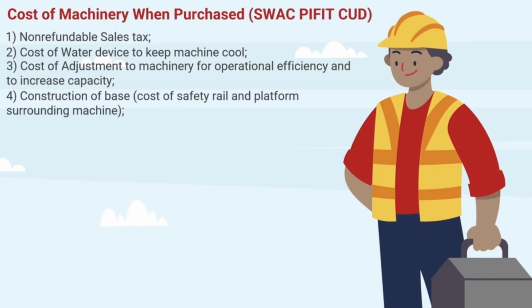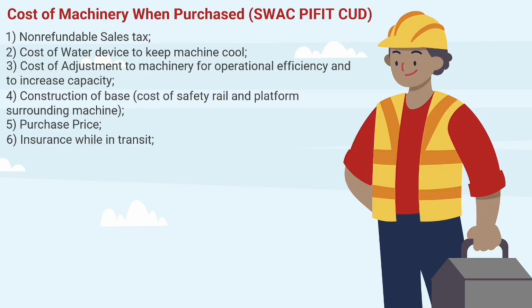Then fourth, C, construction of base. This involves building a sturdy base along with safety rails and platforms surrounding the machine to ensure safe operation and accessibility. Then P, purchase price. This is the total amount paid to acquire the machinery or equipment, including any taxes and fees. Then sixth, insurance while in transit.